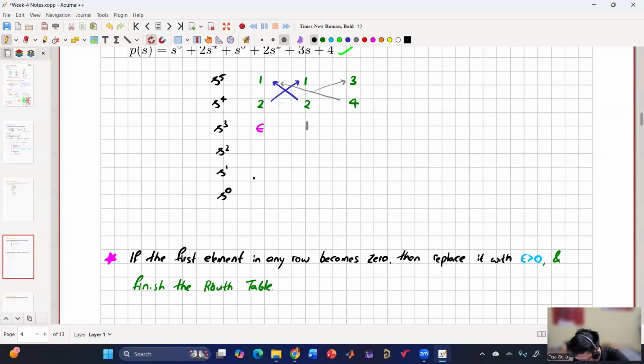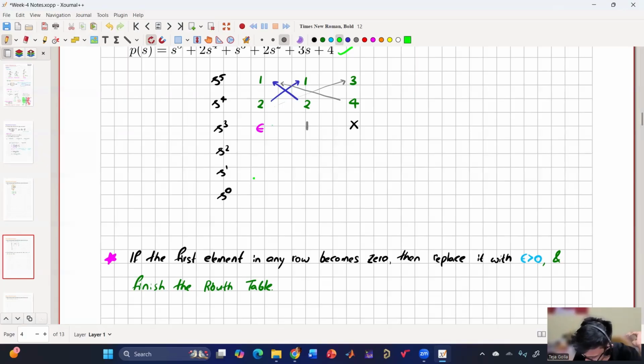So in this row, the last element is cross because there is no other element that we can calculate. Now S square first element will be what? Anyone? Four epsilon.